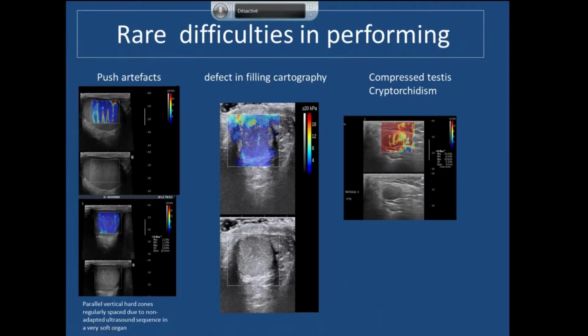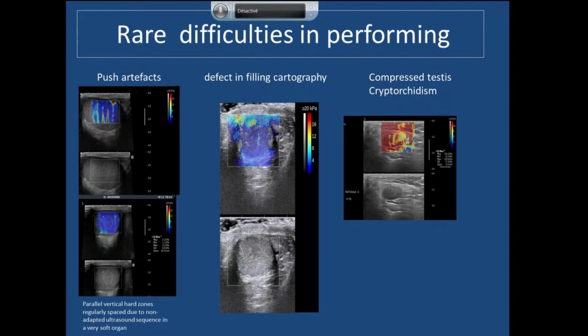Some limitations in performing elastography, and especially shear wave elastography, which is what I do the most. You can observe some push artifacts, which are parallel vertical hard zones, regularly spaced, due to a non-adapted ultrasound sequence in very soft organs.